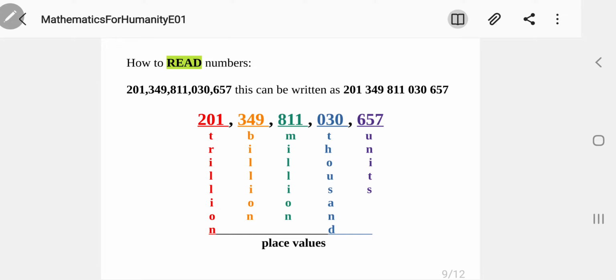separated by commas. So in this case, before 657 you have a comma, and then you have 030 and then comma. You have 811, and before that is a comma. 349, there's also a comma before that. These very long numbers, you have to separate 3 numbers by the comma, and you start separating the numbers on the right side.